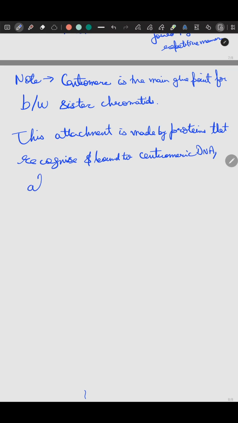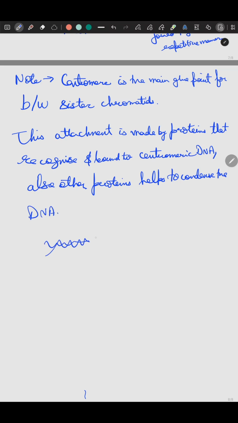Also, other proteins help to condense the DNA. For example, this was DNA earlier, and later on it gets condensed. It is done by several proteins.